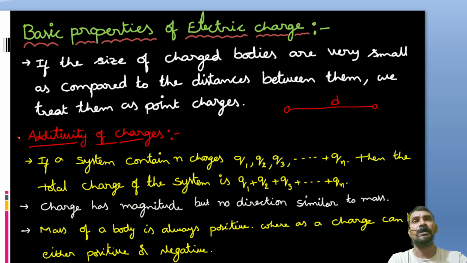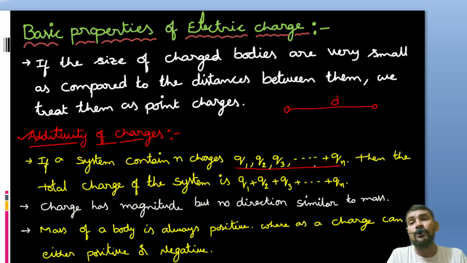Okay, now we'll see the different properties of charge. The first one is additivity of charges. For example, I have a system having n charges q1, q2, q3, q4 and so on up to qn.